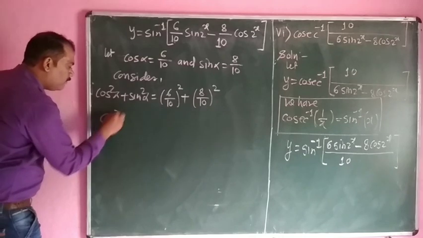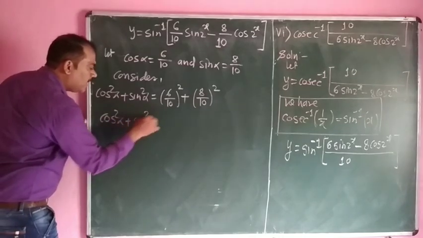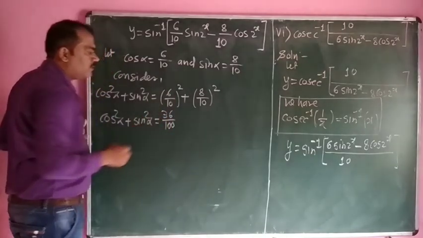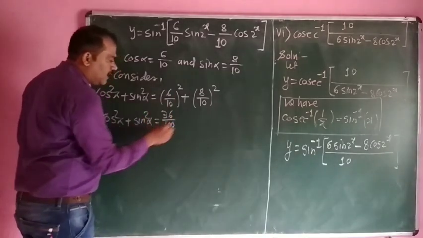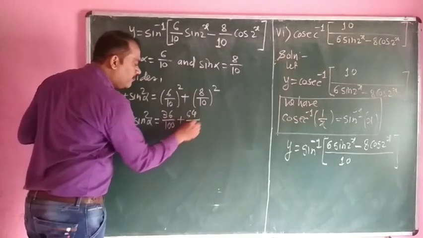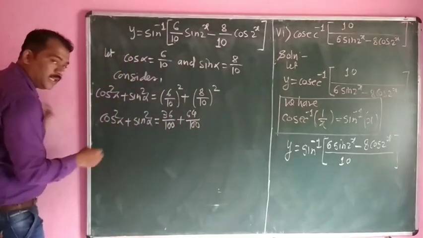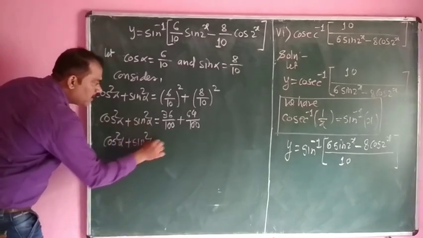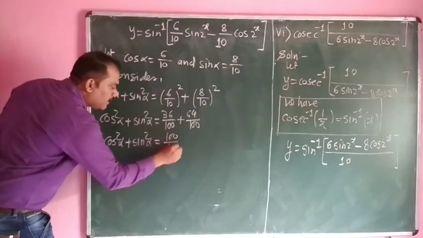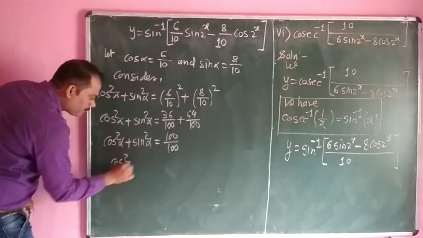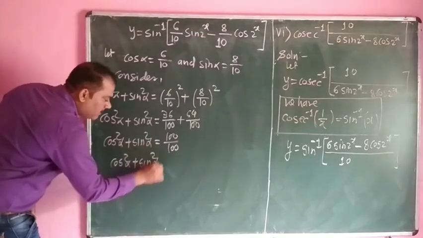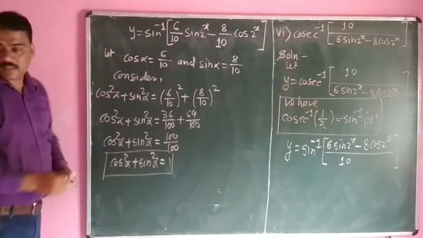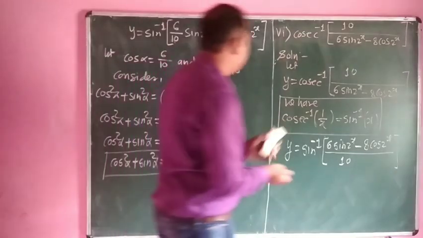So cos square alpha plus sin square alpha is equal to 36 divided by 100, 6 square is 36 and 10 square is 100, plus 8 square is 64 divided by 100. 36 plus 64 is 100. So cos square alpha plus sin square alpha is equal to 100 divided by 100, that is, cos square alpha plus sin square alpha is equal to 1.